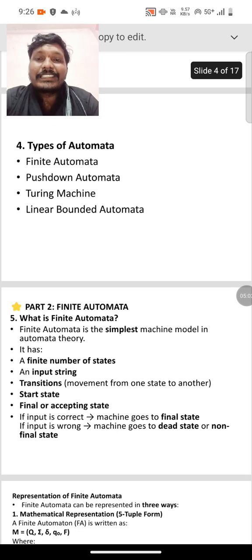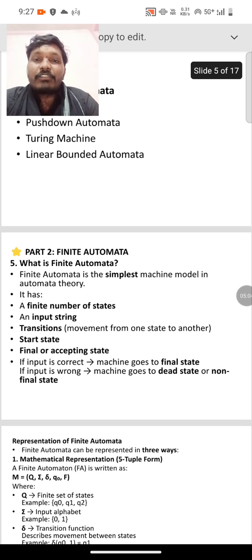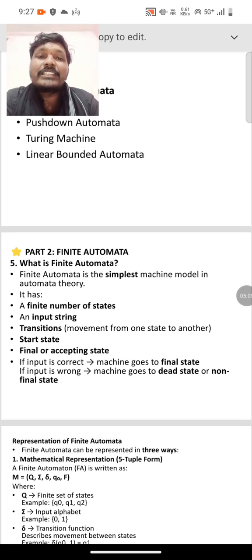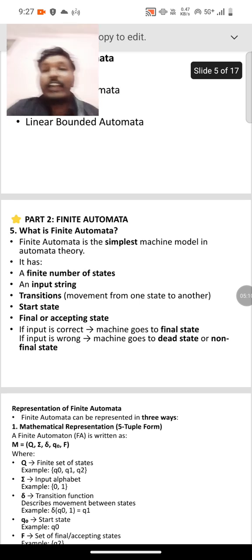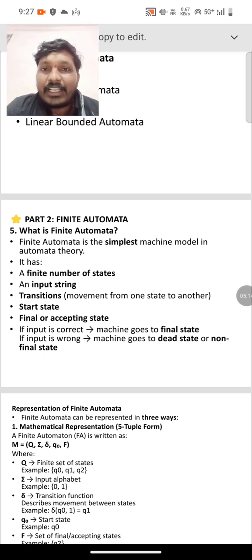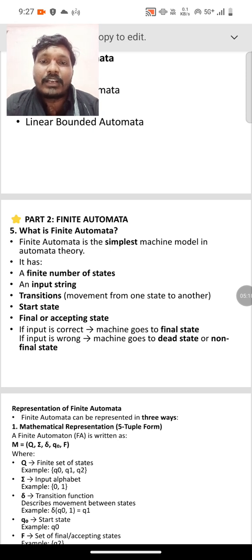Today we will discuss finite automata. What is finite automata? Finite automata is the simplest machine model in automata theory. It has a finite number of states, meaning a countable number of states. State can be represented with capital Q. Next one is the input string, represented by sigma.